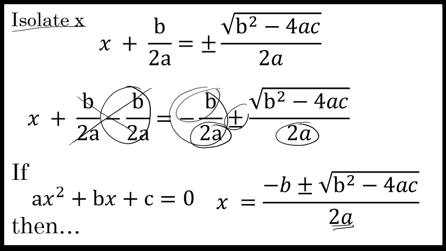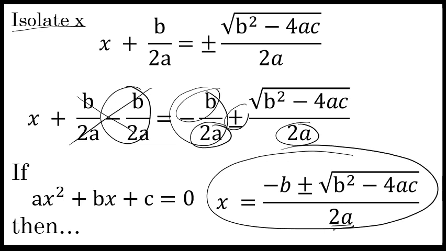So we have proved that if ax squared plus bx plus c equals 0, where a, b, and c are constants and a does not equal 0, then x equals negative b plus or minus the square root of b squared minus 4ac all over 2a.